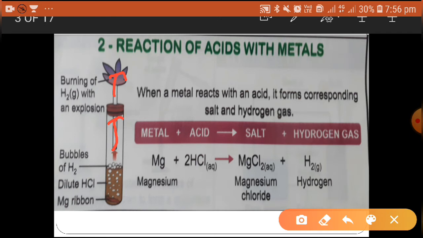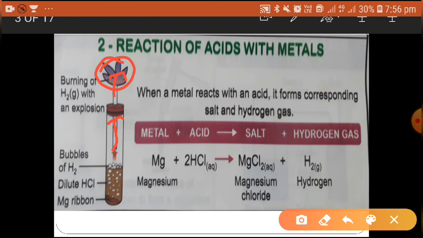When the gas comes out, at the same time we can take a burning candle or a burning matchstick near the opening of the hollow glass tube. Then you can see the burning of hydrogen gas with an explosion. An explosion is seen and a pop sound is also heard.